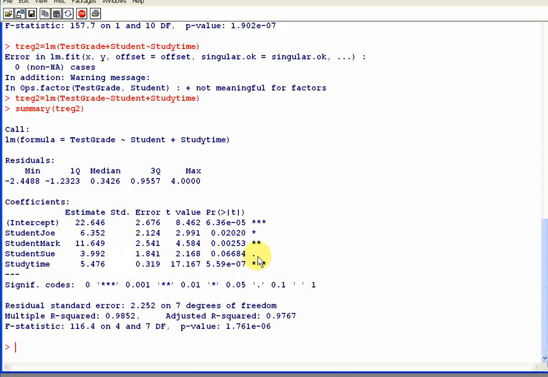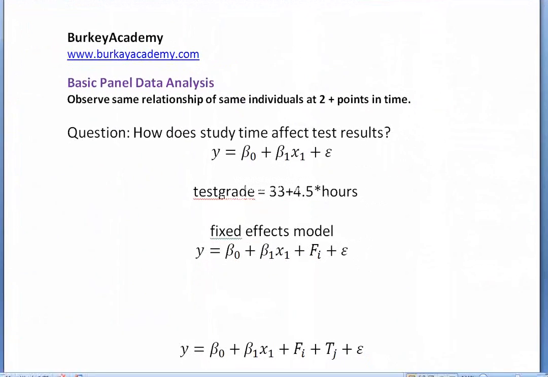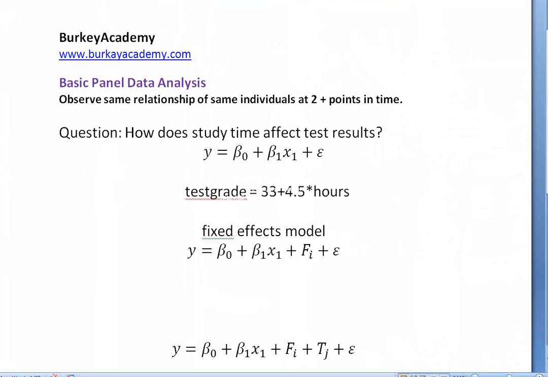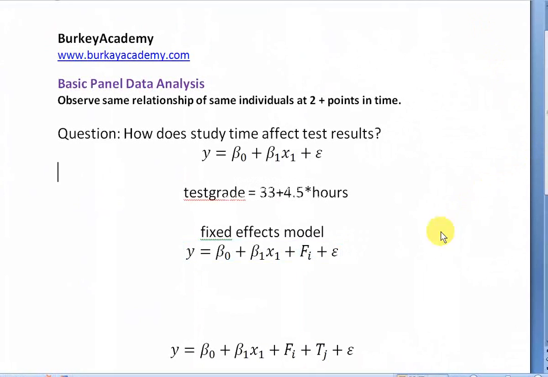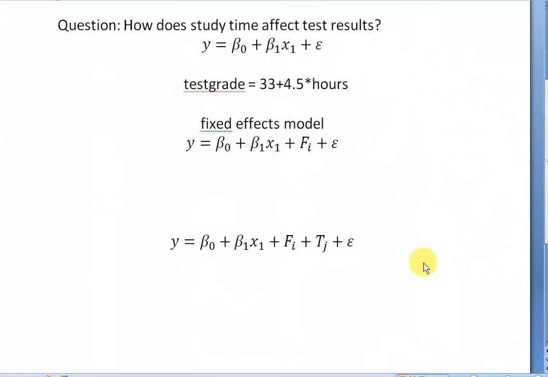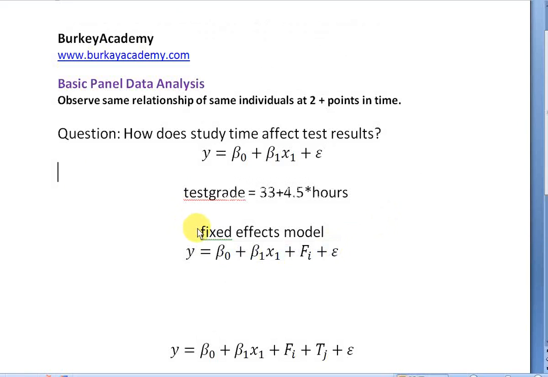Now, let's go back and look here at another common model that people will run when they have panel data analysis. This is called the fixed effects model, letting each thing you're observing multiple times have its own difference in the y-intercept.